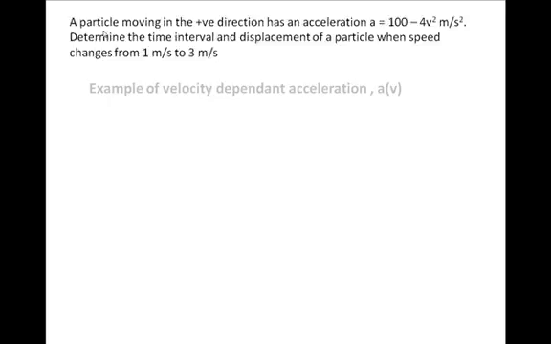Now we go for an example of velocity dependent acceleration. So you have a problem like this. A particle moving in the positive direction has an acceleration of a equal to 100 minus 4v square meter per second square. Determine the time interval and displacement of the particle when speed changes from 1 to 3. So what you do in this case is write your expression for a, recognize it as dv by dt, and then separate the variables.